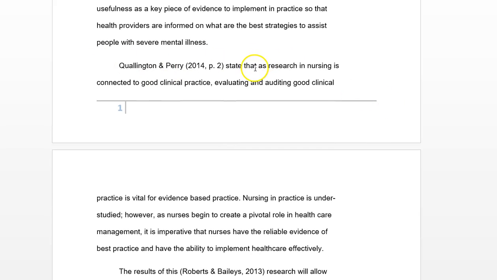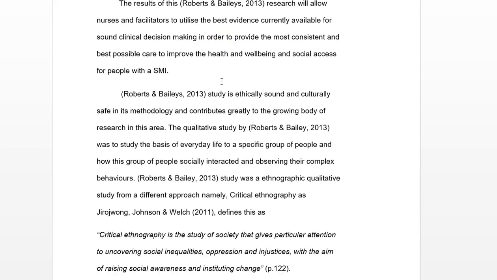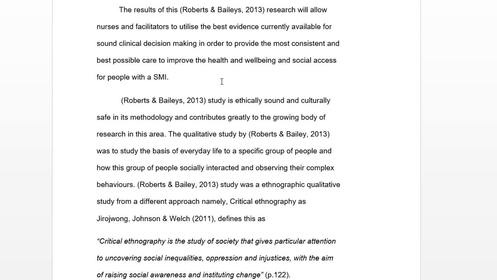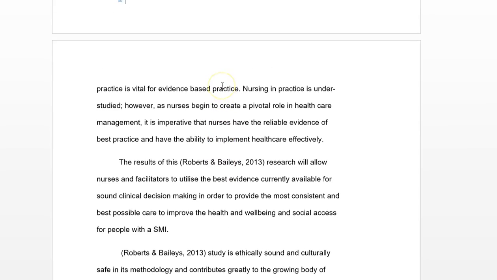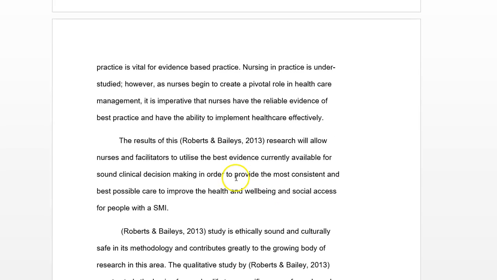So they've then gone on and given a nice definition about why research in nursing is important. Great, that's terrific. All right, then they go on and talk about why you should use best evidence. And again, they've got two sentences in one paragraph and one sentence in the other.